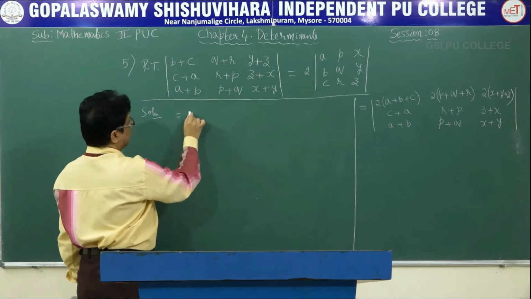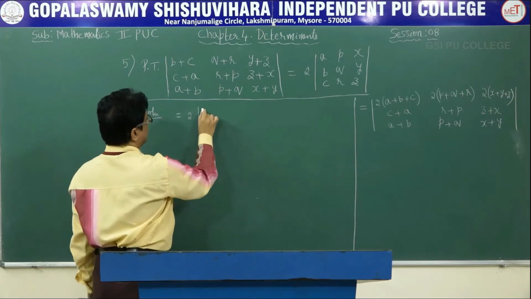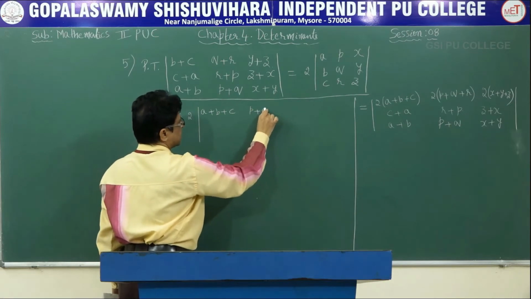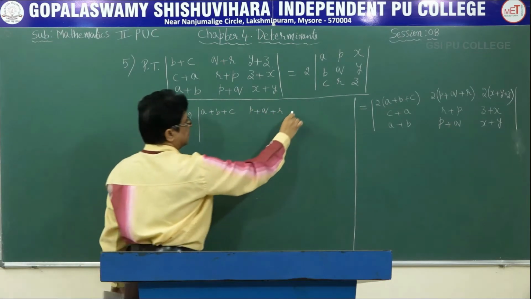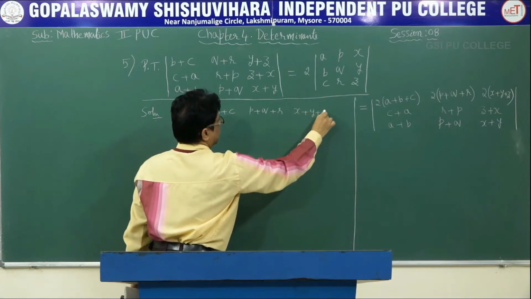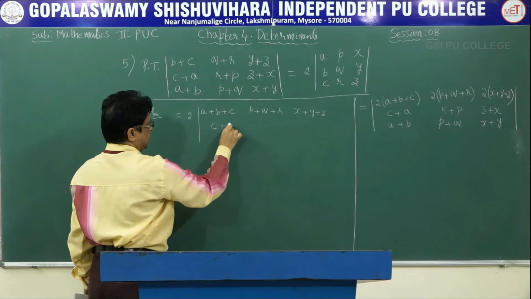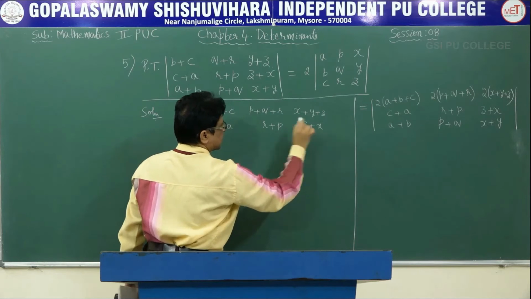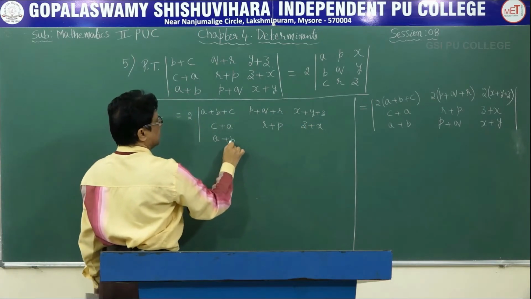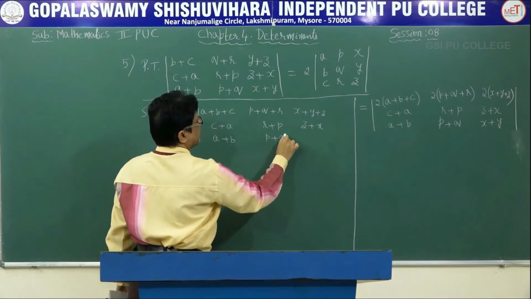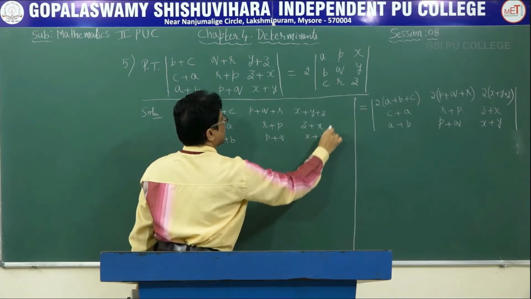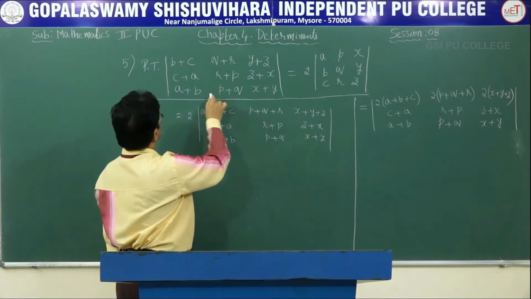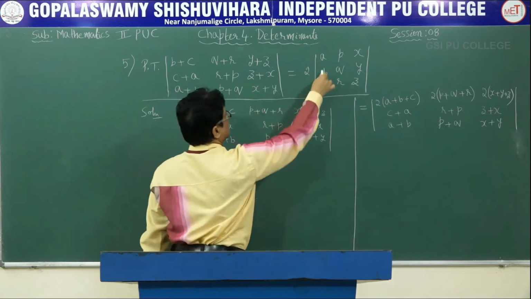So that will be equal to 2 into the determinant of a plus b plus c, p plus q plus r, x plus y plus z, c plus a, r plus p, z plus x, a plus b, p plus q, x plus y.